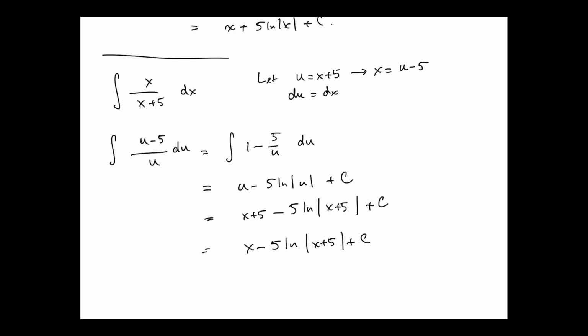Why? Yeah, because what's 5? 5's a constant, plus C is a constant. What's a constant plus 5? Some constant, right? So I could kind of sweep that under the rug. Either is acceptable. It doesn't really matter.